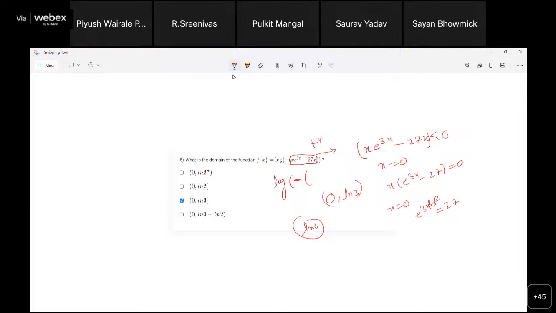This negative will become positive, so my whole expression f of x will be greater than 0. So my option will be option C, 0 and ln of 3. Any doubt, Pulkit, in this part? No, sir. Okay.